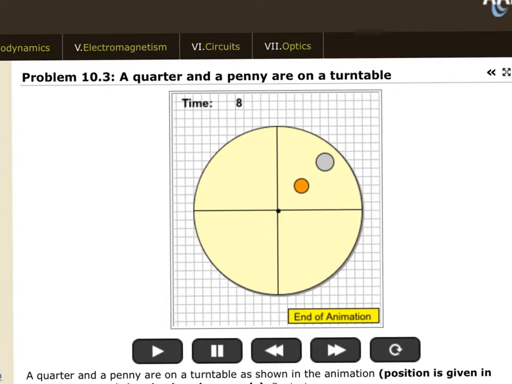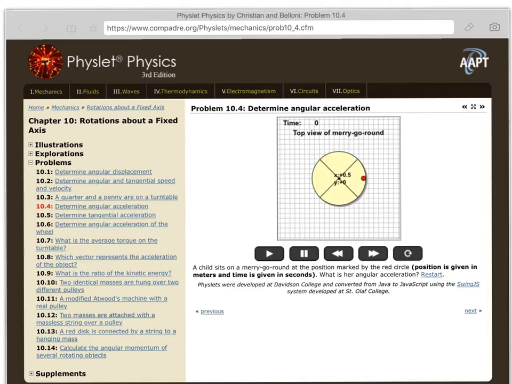If the radius is twice as big, then the circumference of the circle will be twice as big, and the speed, or what we call tangential velocity, the vt, will be twice as big. And if this is half the radius, it goes half as far in the same amount of time, so half the velocity. The same would be true of the acceleration if they were accelerating, but in this case, they're not.